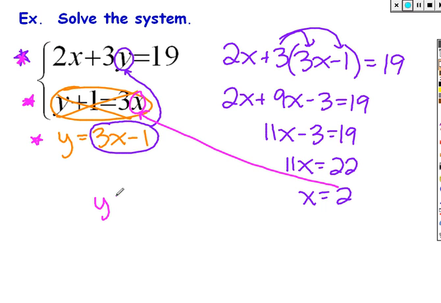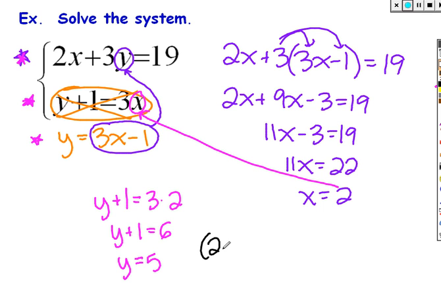So y plus 1 now equals 3 times 2. And y should come out to be 5. So my solution is, if x is 2 and y is 5, that's the point that makes both equations true.